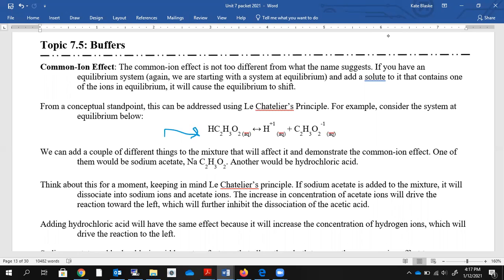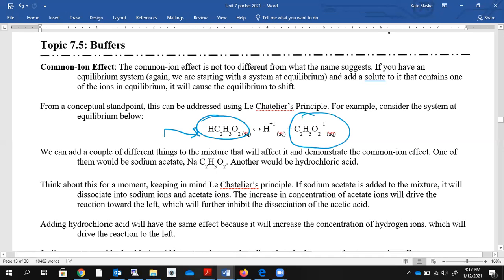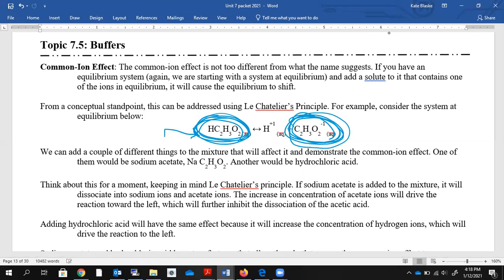We include the weak acid or weak base, and we include a salt or an ionic compound that contains the ion of the conjugate. So in this case, we would put in some acetic acid. We would also add in a salt that contains acetate, for example something like sodium acetate, because we know all sodium compounds are soluble.